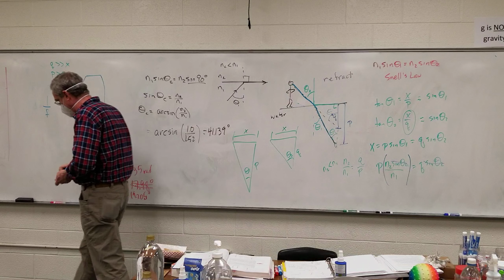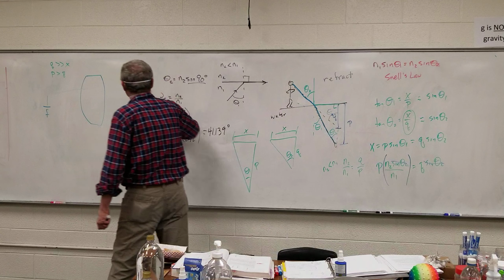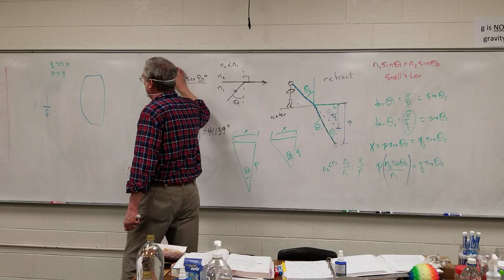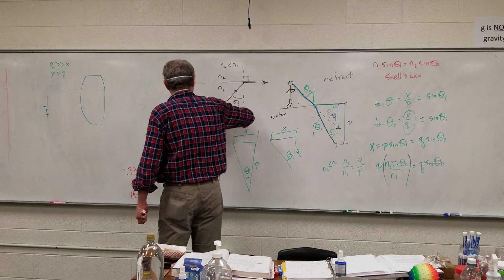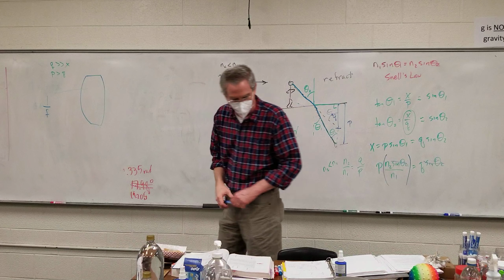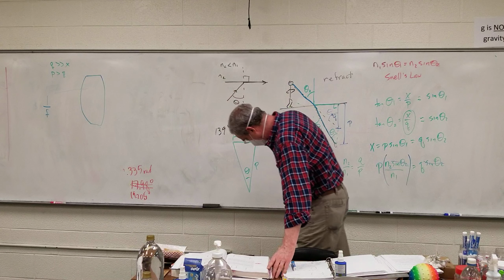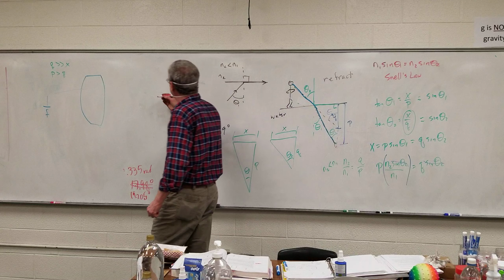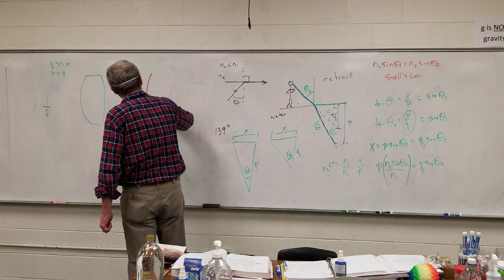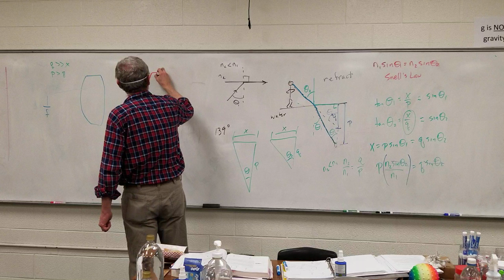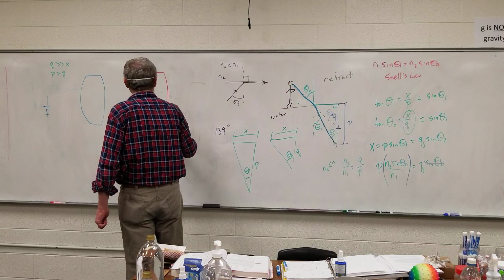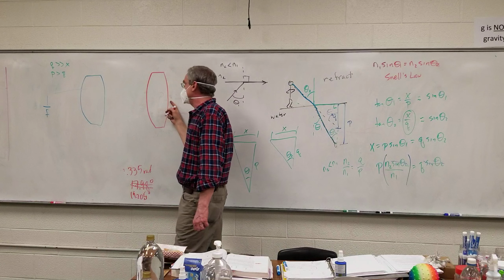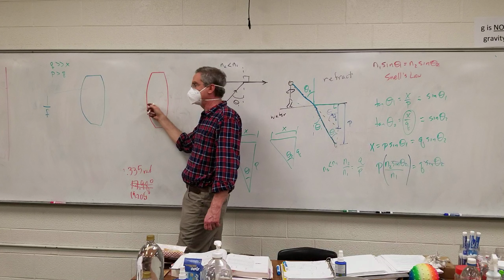Is that lens rounded on the back, or is it supposed to be flat? They're slightly rounded on each side. I'm going to see how well I can draw right now. I'm trying to make the curve on the back side different than the curve here.